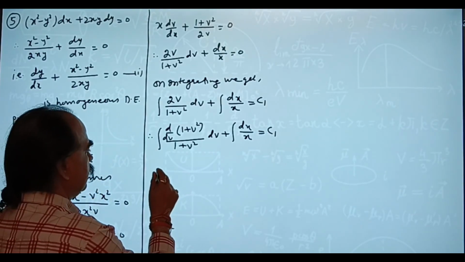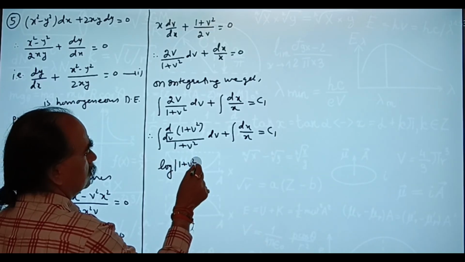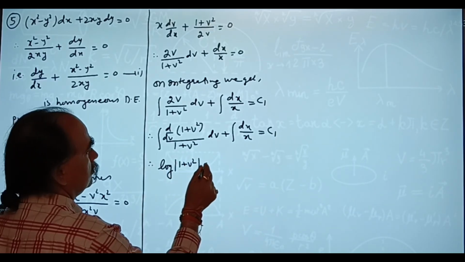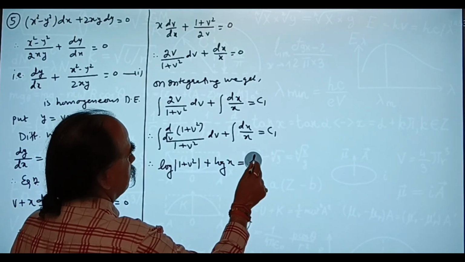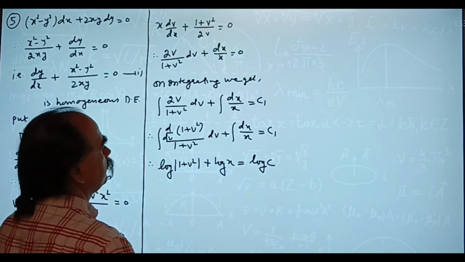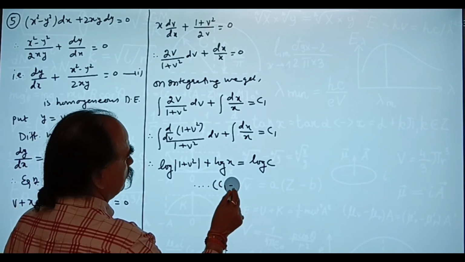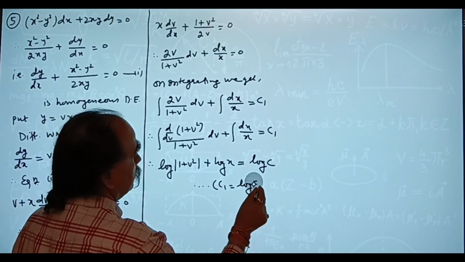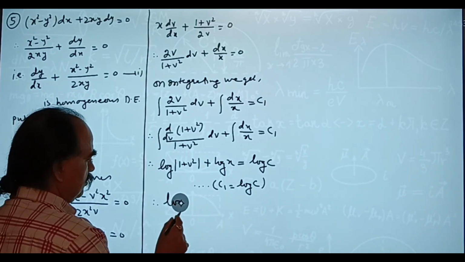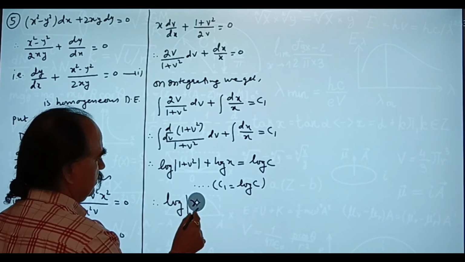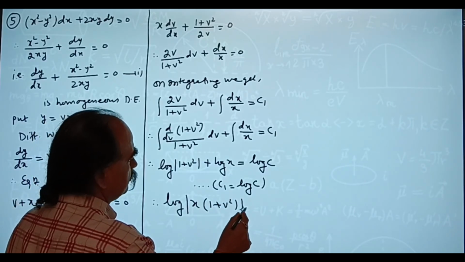Log 1 plus v square plus log x is equal to log c. C1 is equal to log c is constant. So log of x into 1 plus v square is equal to log c.